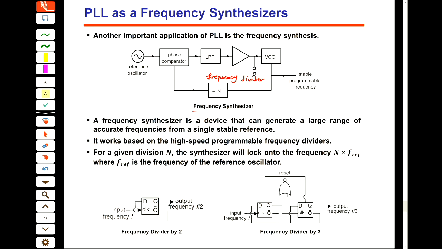So a PLL, and then in the feedback path, we put a frequency divider. Then the signal that I can generate here, if I assume that the signal that I have here is F naught, then the F out could be N F naught.